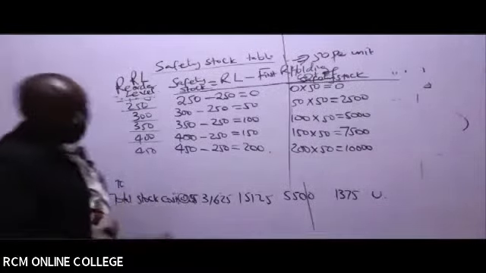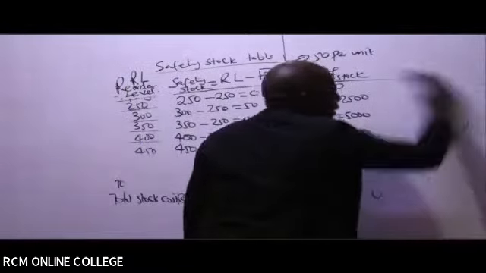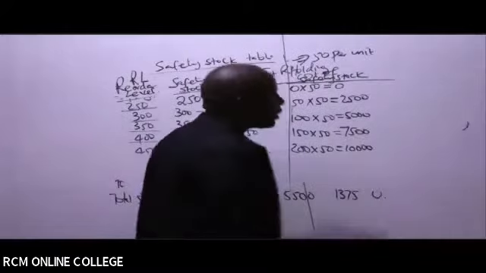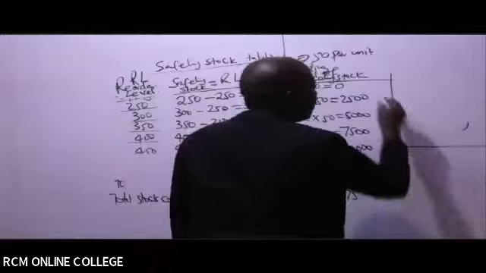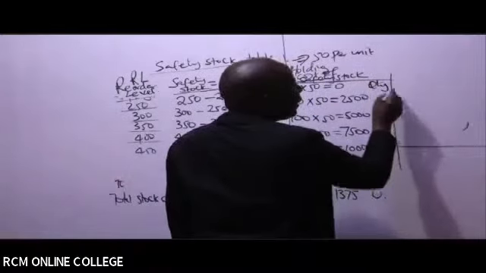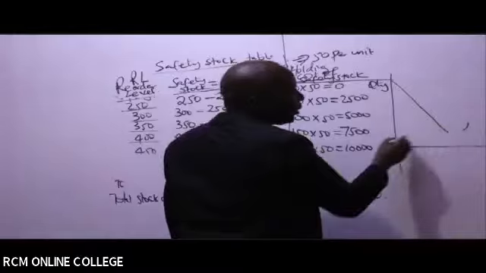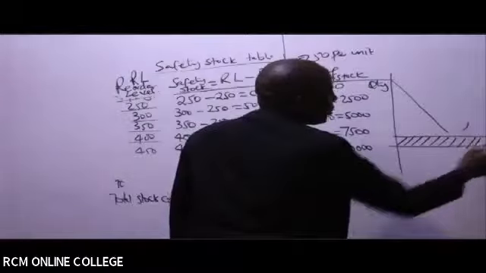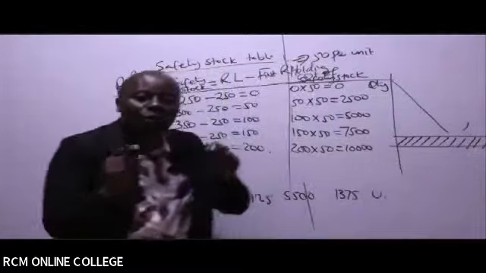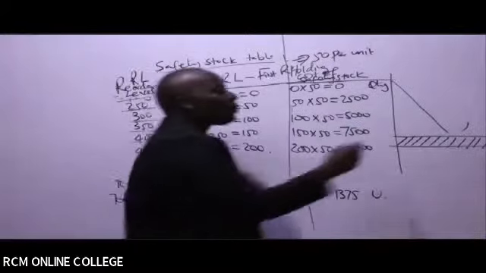Now, whenever you are looking at consumption, the normal stock, you consume it over time. But whenever you reach the safety stock, your intention is not to chew into safety stock. You should be able to get fresh supplies.